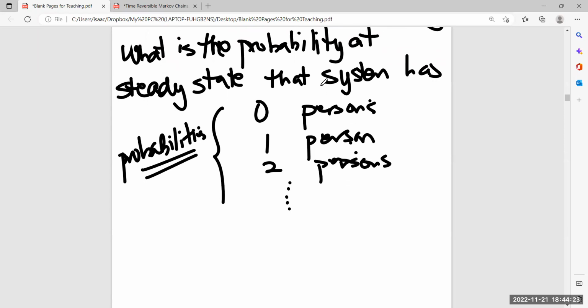Now, some other things that are important for us when we talk about queuing theory. I'm just introducing some notation again. The first one is LS, and this is the expected length of the system.